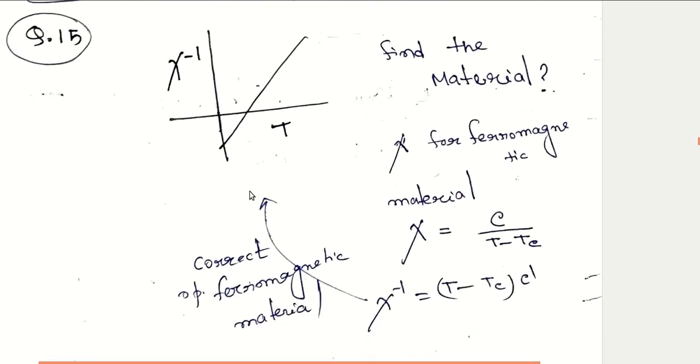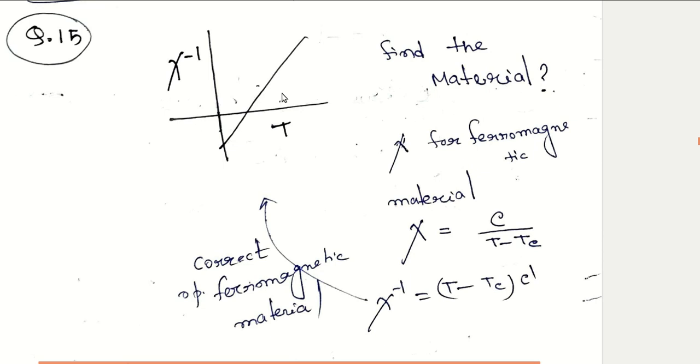Now question 15 was: this chi inverse versus T graph was given. You need to find the material, whether it is paramagnetic, ferromagnetic, antiferromagnetic or diamagnetic. You know this is ferromagnetic surely, because chi for ferromagnetic is C by T minus Tc, and if you take the chi inverse, it will be some constant C prime into T minus Tc.